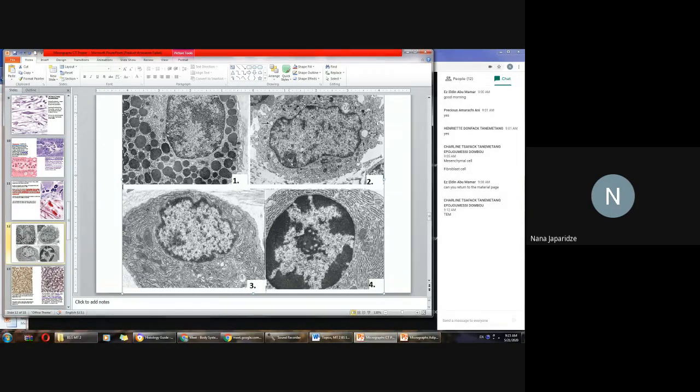Or what is here too? For example, in macrophage, you can identify the same thing. What is this, guys? Nucleus. Nucleus is this one. Look. Is it nucleolus? Nucleolus. So, why is nucleolus so dark stained?